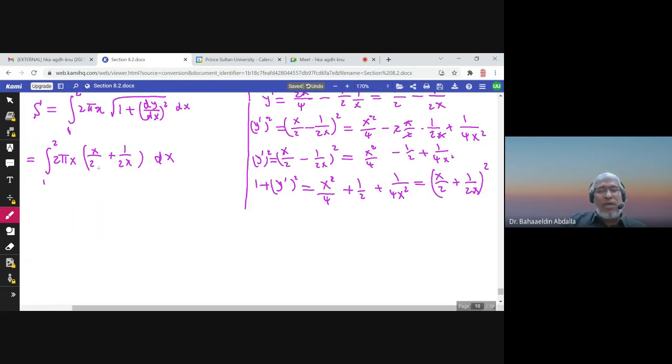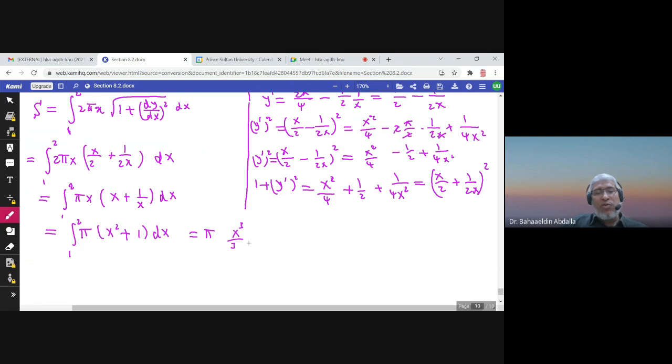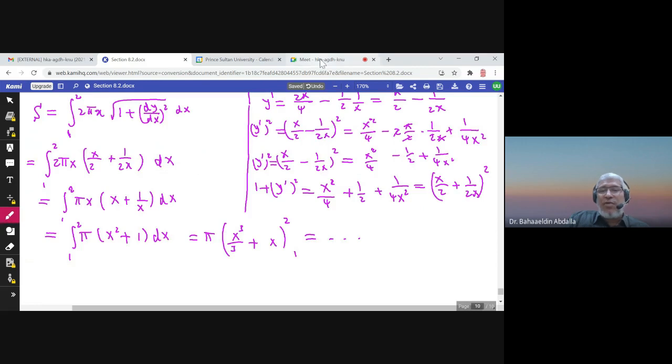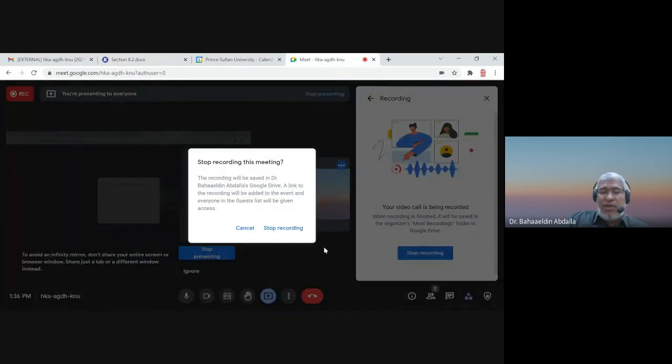I can multiply the 2 inside, so I will have pi x times (x plus 1/x), or from 1 to 2, pi times (x² plus 1). So the integral of x² is x³/3. Integral of 1 is x, and you need to find the numbers, replace x by 2 minus 1, and find the answer. And that's it. I hope you understand now how to find the surface area.